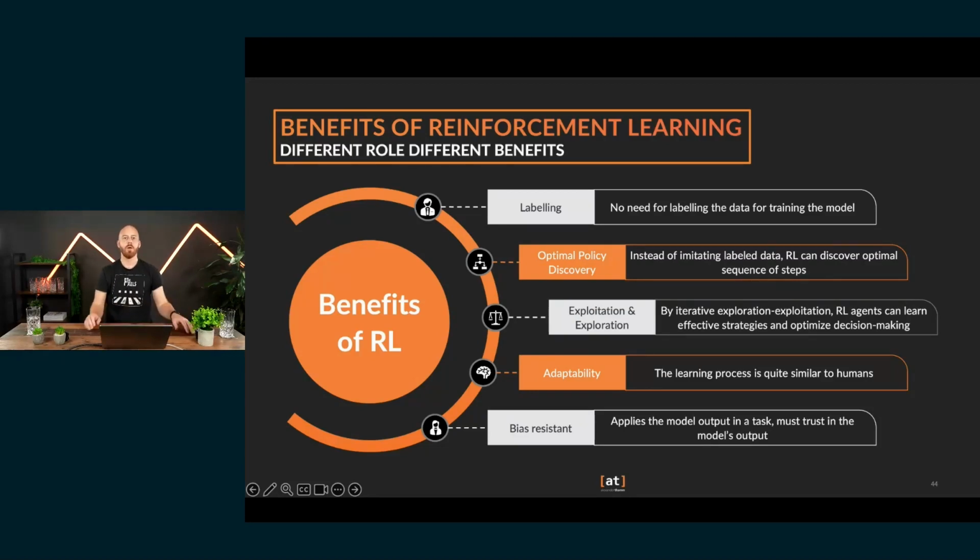And then I want to come to adaptability, because what's always a point in machine learning is that you want to understand what's going on, either in the inference process or in the training process.